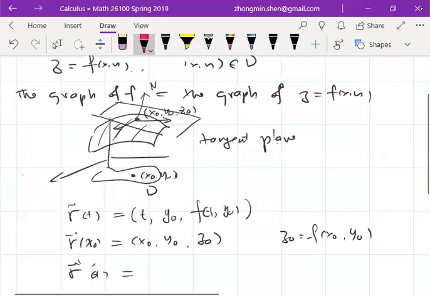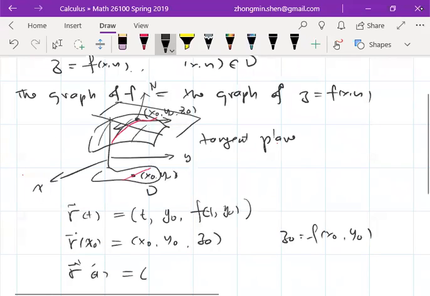This is a curve on the graph, and under that is this straight line, which is parallel to the x-axis. So this will be the tangent vector to that curve, and of course it will be a tangent vector to the surface.